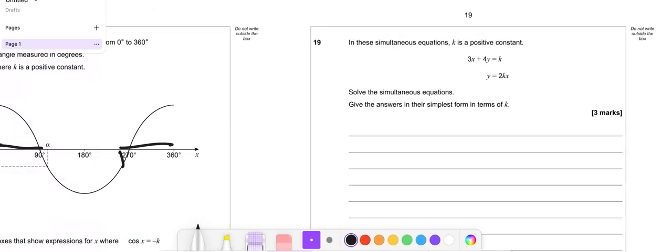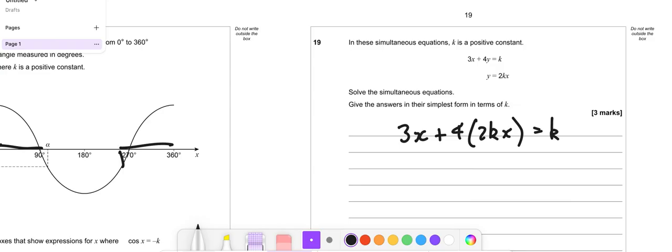Okay, these simultaneous equations, k is positive, solve the simultaneous equations, give the answer in simplest form in terms of k. So, in terms of k, if we sub in, we get 3x plus 4 times 2kx equals k.